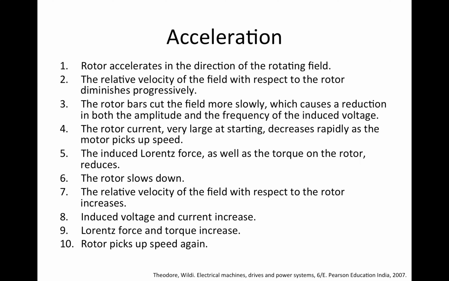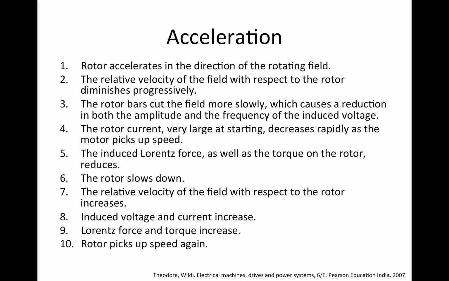In fact, it is not possible for the rotor to reach the synchronous speed. If it did reach the synchronous speed, then the relative speed between the rotor and the magnetic field would be exactly zero. So the rotor bars would not cut the magnetic flux, and no induced voltage would be created at all.